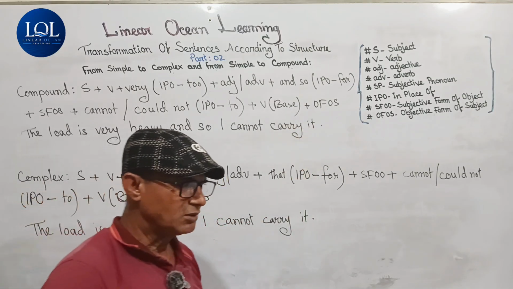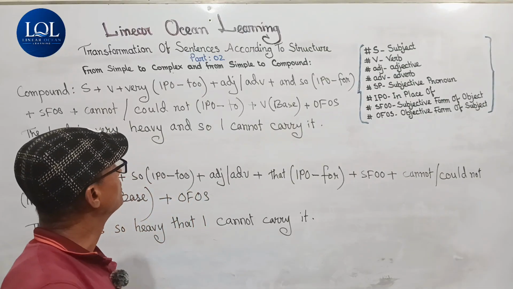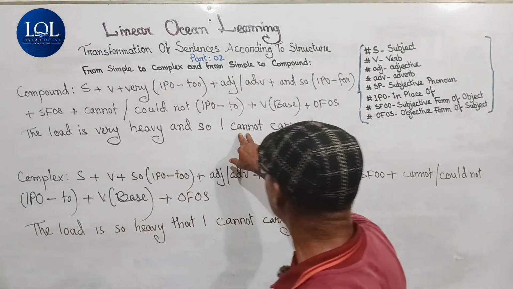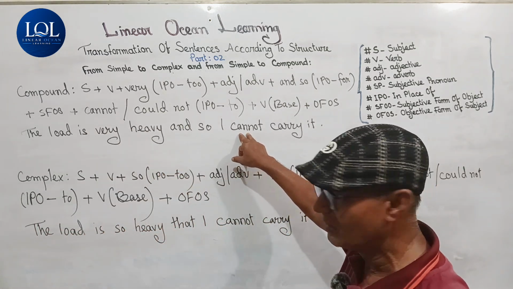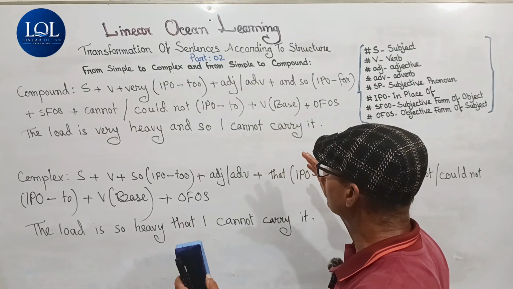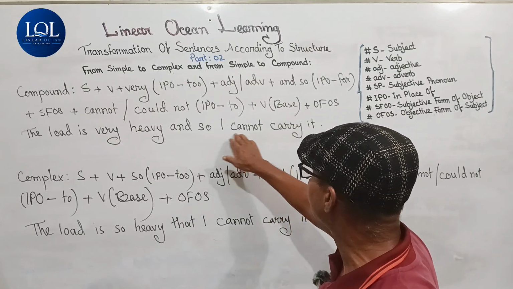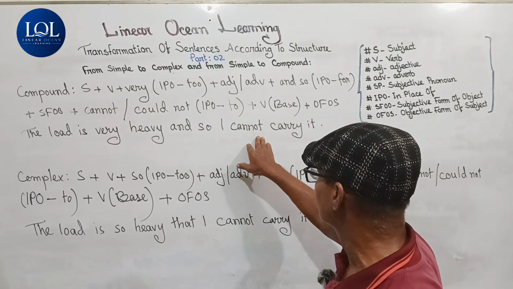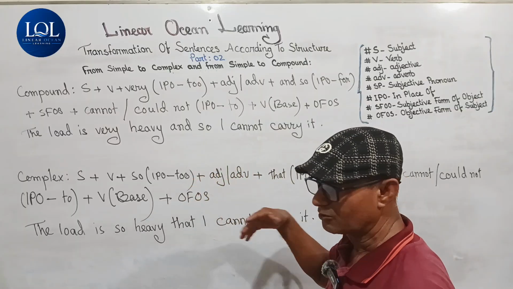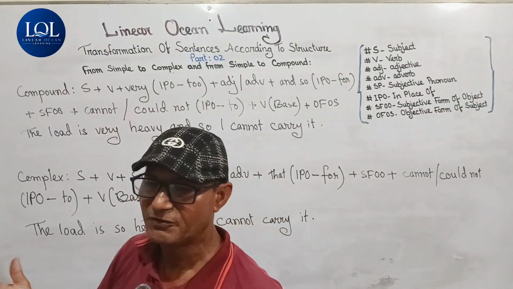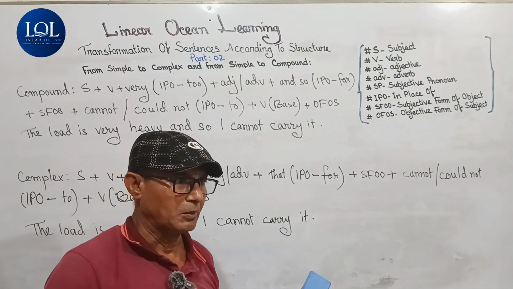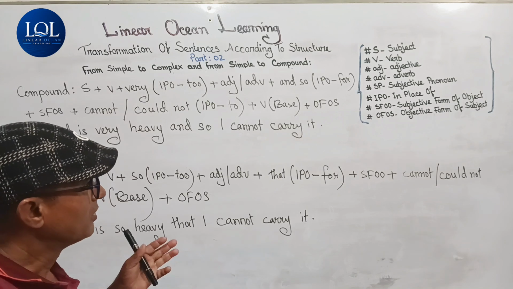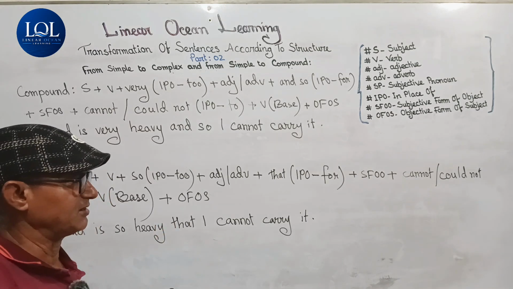Viewers, one important thing I need to say to you is about cannot. This is the only auxiliary verb and negative that come together. Other than cannot, there will be no auxiliary verb with not together in any other case. Could not, will not. But if we contract them, they will be won't, shan't, wouldn't, couldn't, mustn't, like this.